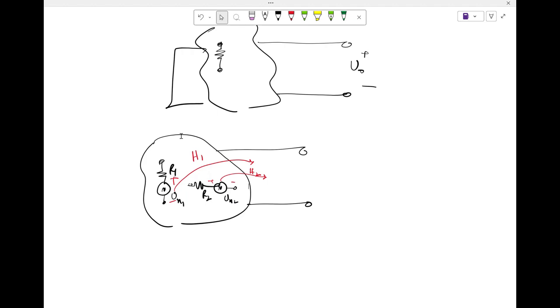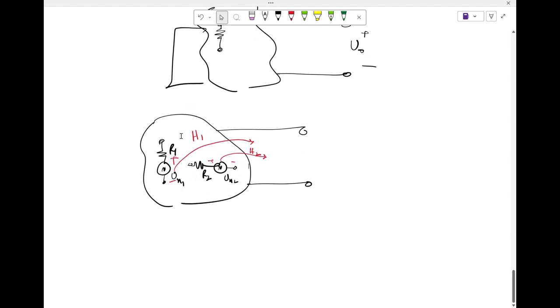Okay. So I understand that if I use Vn1, I'm going to get an output which is mod of H1 squared times 4kTR1. Right? So this is the noise due to R1.